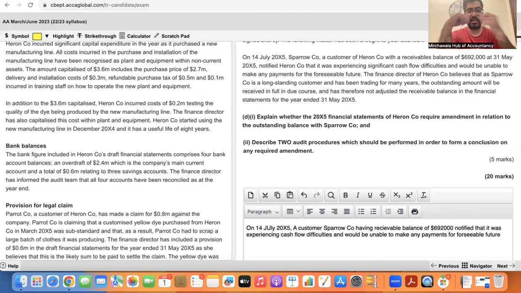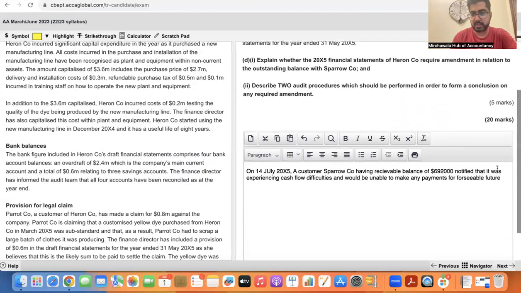So on 14 July, Sparrow, a customer of Haran with a receivables balance of 692,000 at 31st May, has notified us of cash flow difficulties and that it won't be able to make any payments for the foreseeable future. The finance director says it's a very old customer, so we will receive this amount, and he has not adjusted the balance. The question is whether the FS need amendment, then audit procedures. Usually the impact on the audit report is asked, which hasn't been. So I told you the strategy: first write the case intro.